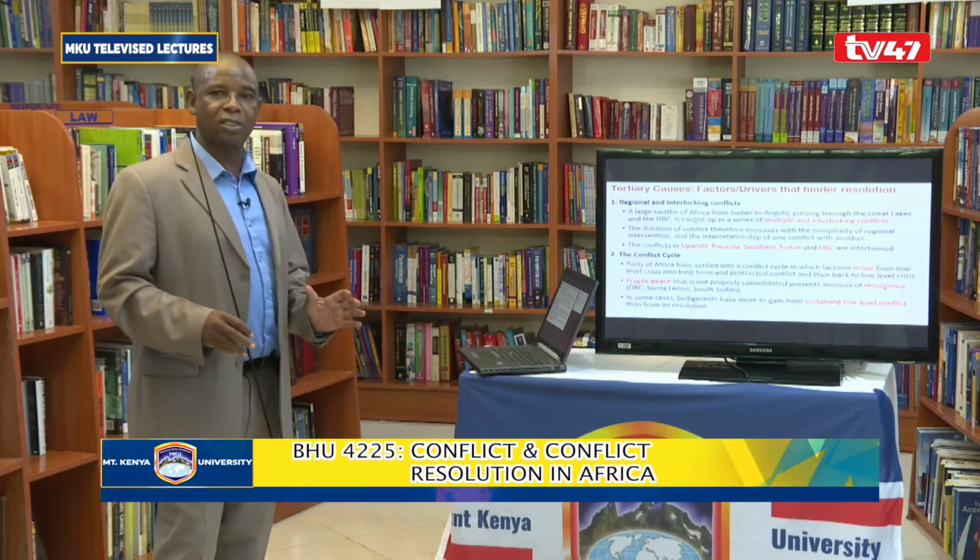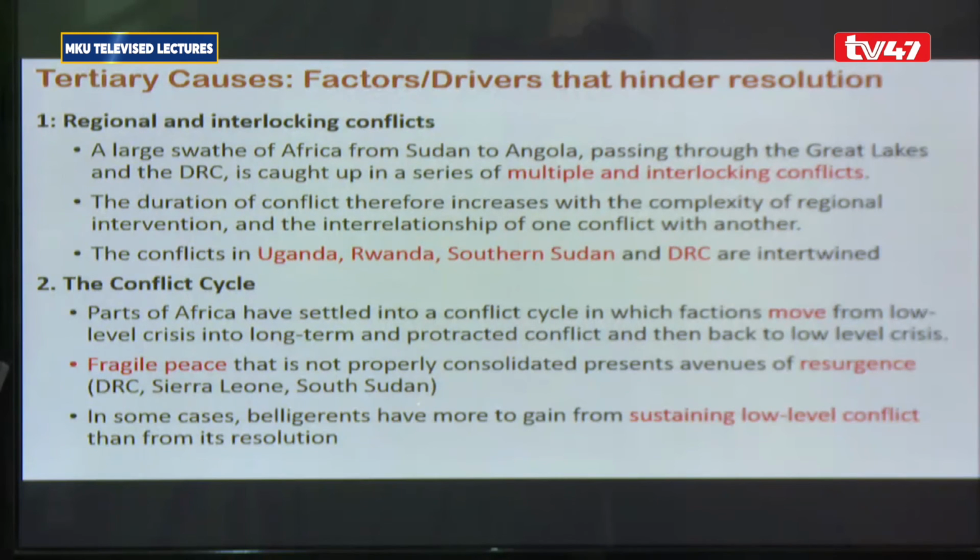These are factors that do not necessarily cause the original conflicts, but when you have a conflict, efforts to resolve it are compounded by these tertiary factors. One is the regional and interlocking conflicts.